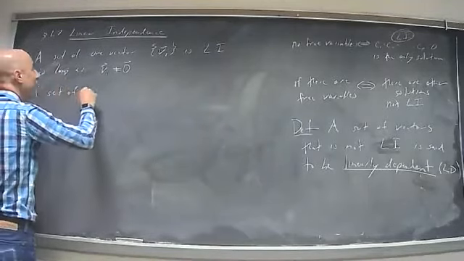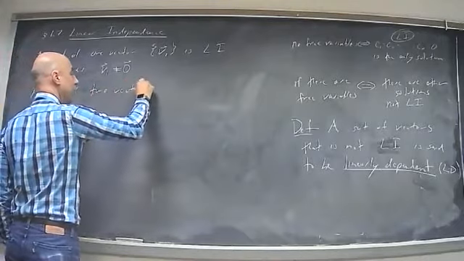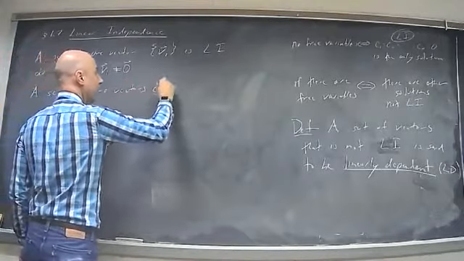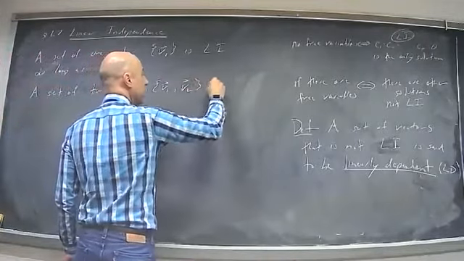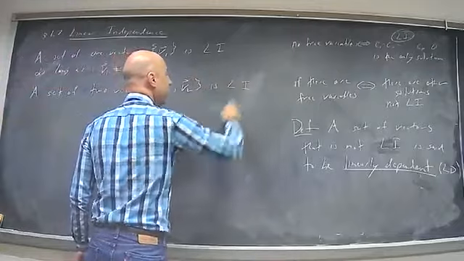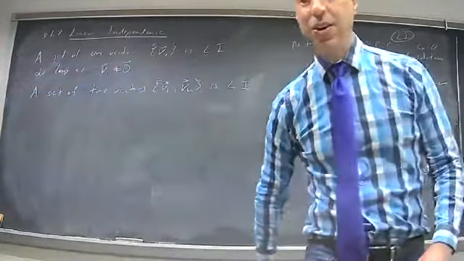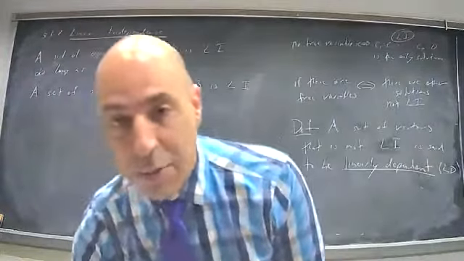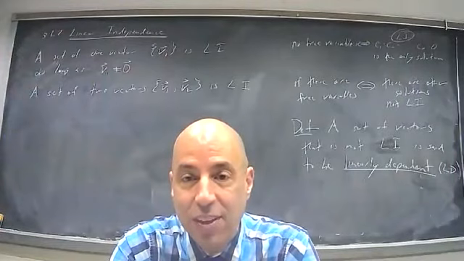A set of two vectors is linearly independent. So that first example I gave you that turned out not to be linearly independent, remember when I gave you 1, 2, 3, and 2, 4, 6?